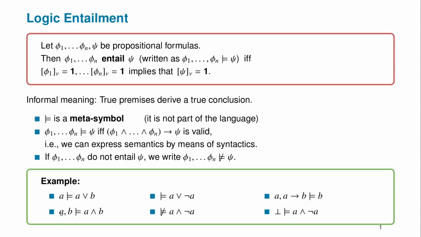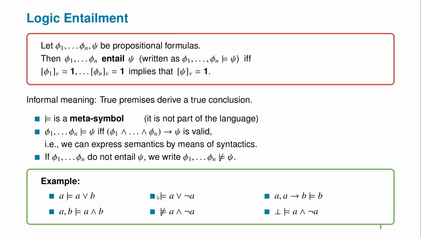In the second case, we state that A, B entails A and B. Whenever A and B are both true, then also their conjunction is true. Very simple example. However, A alone would not entail A and B. This would not be enough.